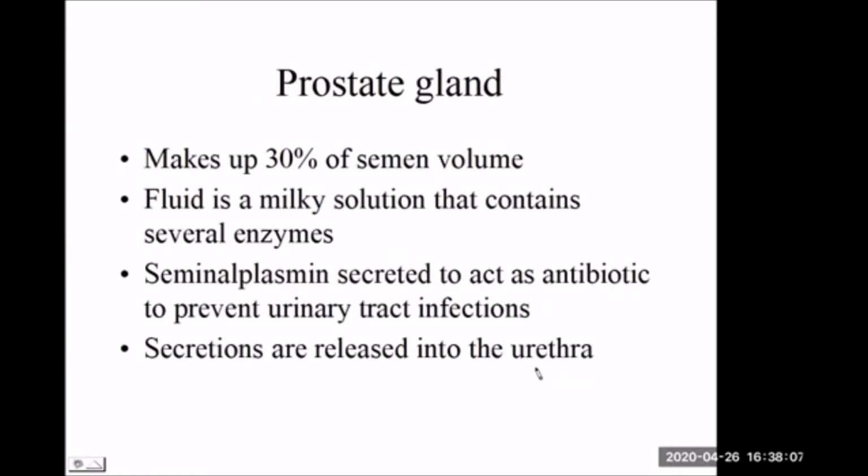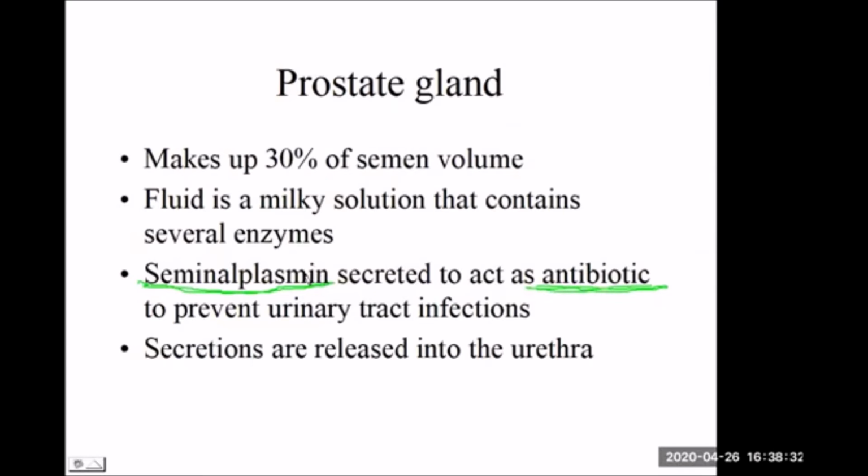So the prostate gland itself is again a source of seminal fluid, and in particular, it's the source of this material known as seminal plasmin. And seminal plasmin acts to kill bacteria. It functions as a naturally produced antibiotic, fighting off bacteria.